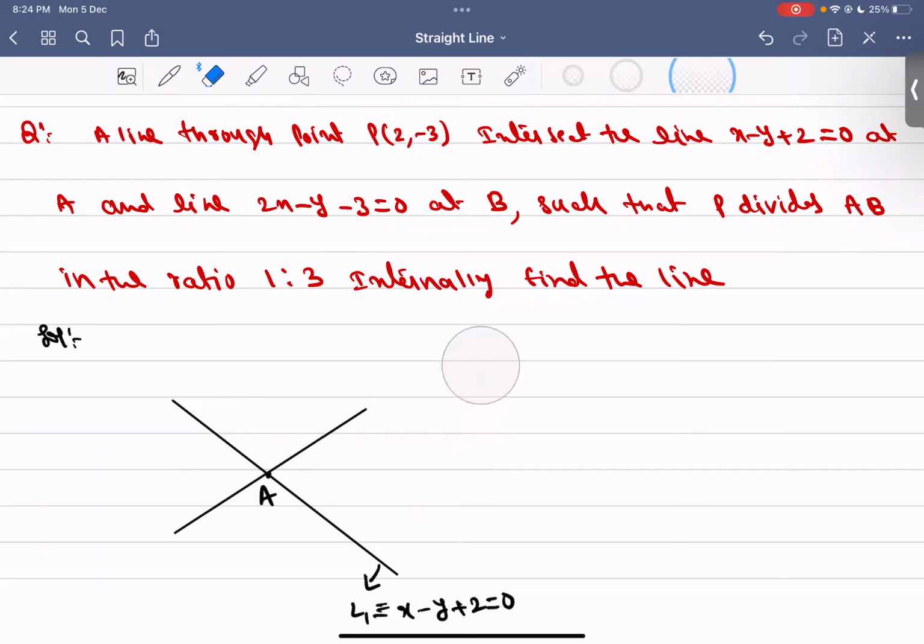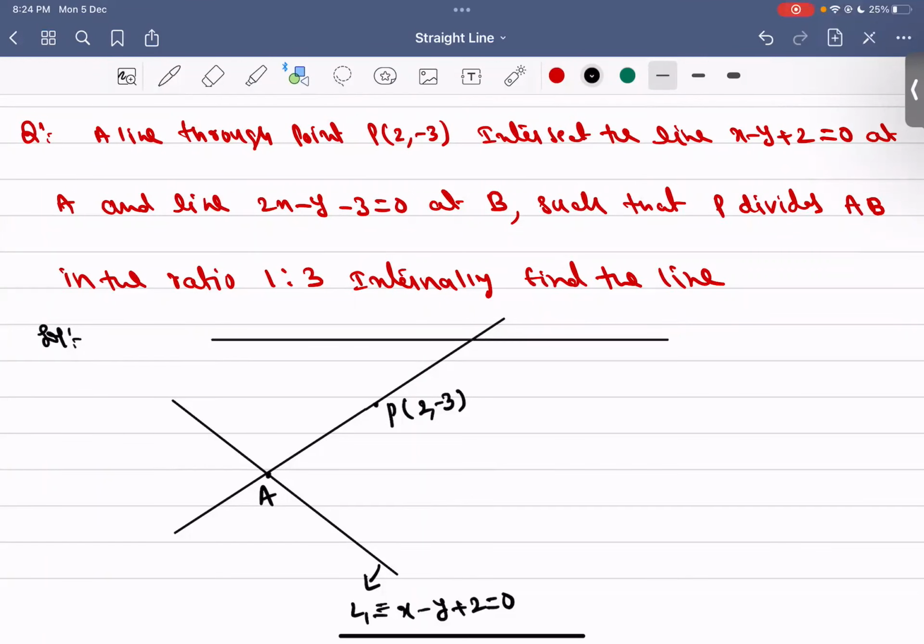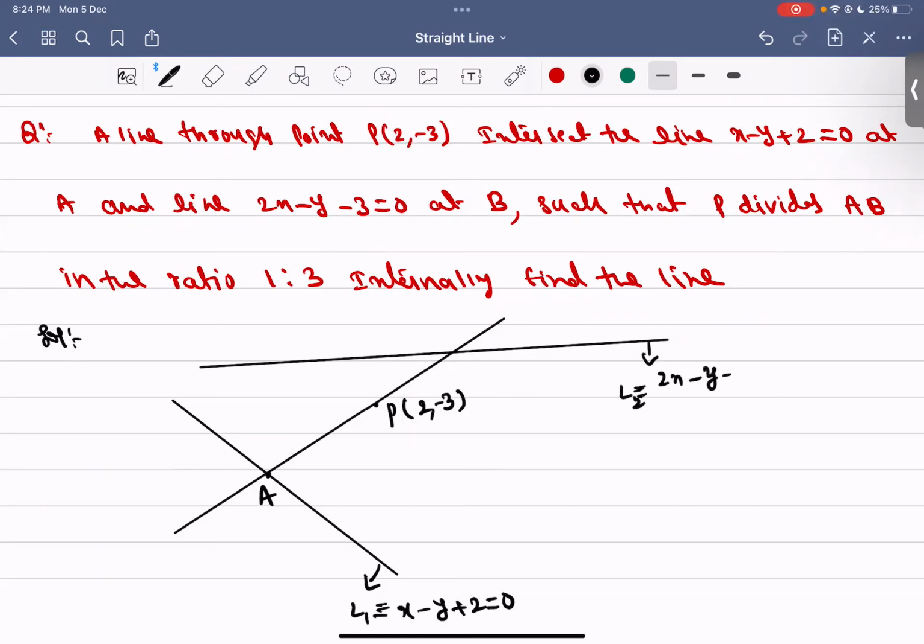Next, now this is the point P(2, -3), and L2 is 2x - y - 3 = 0, which it intersects at B, such that P divides AB in the ratio 1:3 internally. So P will be somewhere over here.